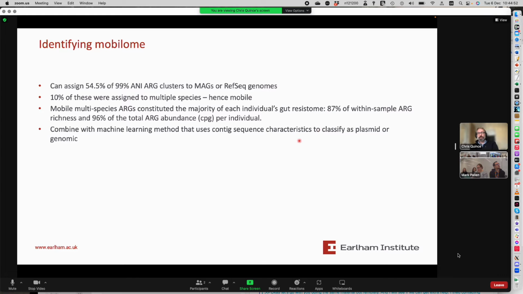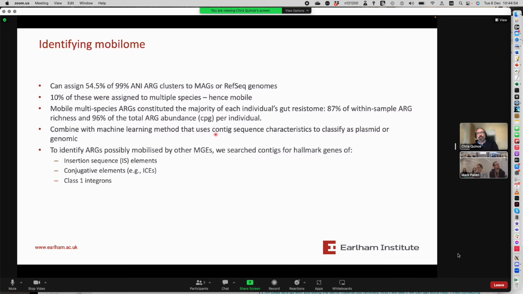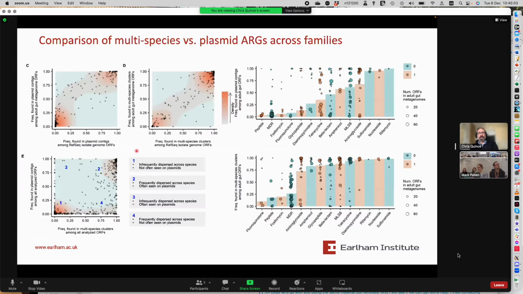And as I mentioned, we had other methods for detecting whether something was on a plasmid or associated with a mobile genetic element: insertion sequences, conjugative elements, integrons, etc. What was reassuring is that these two methods are completely independent, but we saw good agreement between the assignment of things as plasmids and whether we predicted them to be mobile from the taxonomy.